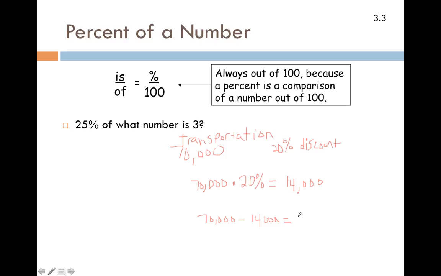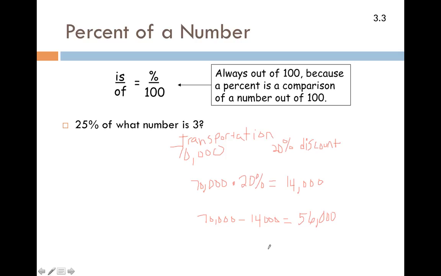Okay, and when we do that, that's going to give us 56,000. So that's one way of doing it.